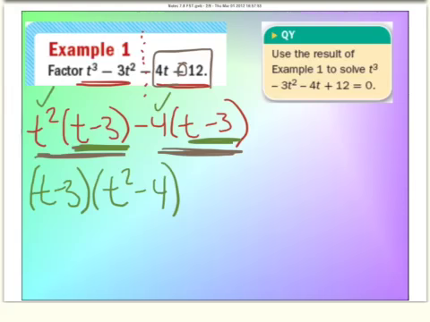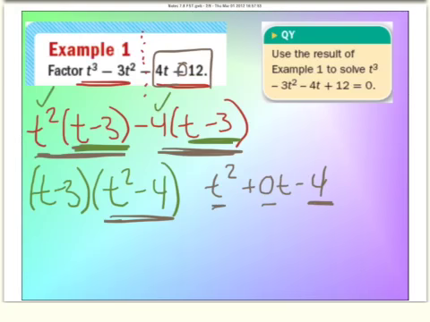Now, to continue factoring, you want to think about, can you fully factor t squared minus 4? Remember, if you want to look at it this way, what you have is t squared plus a 0t minus 4. Factors of negative 4 and 1 that add to 0. This does factor nicely. This will factor into t plus 2 times t minus 2.